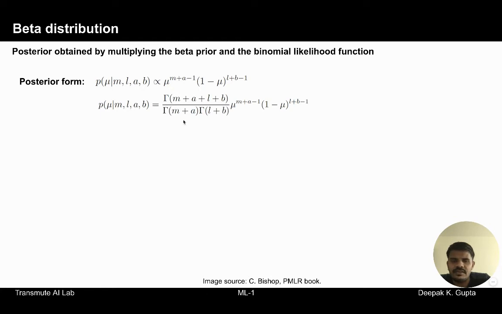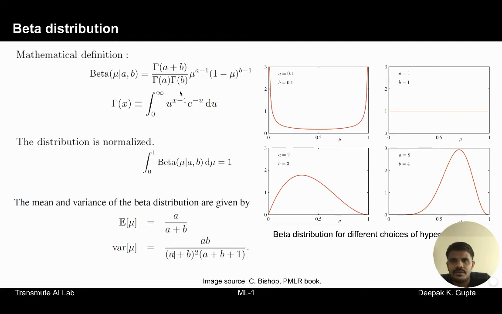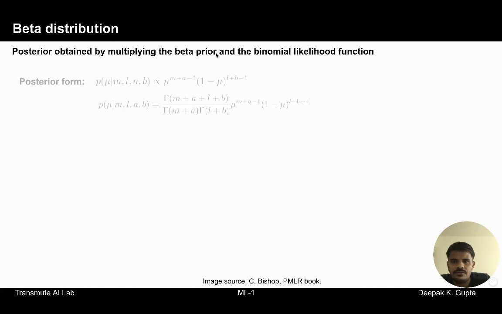And what we see now is, I'll toggle between the two slides. If you look at the prior here, and now if you look at the posterior, the prior and posterior have the same mathematical form. That's why they are referred to as conjugates.